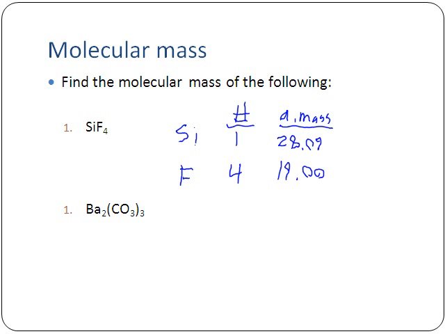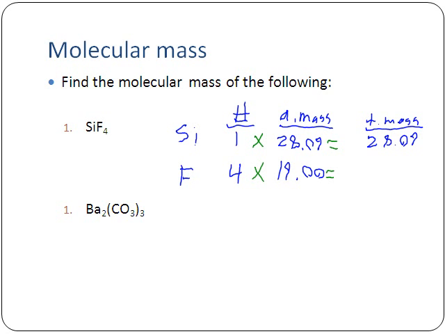Once we've got these two, the next step is you multiply the number of each one times the mass of each one, and that's going to give you a total mass of each one. And so 1 times 28.09 just gives us 28.09.